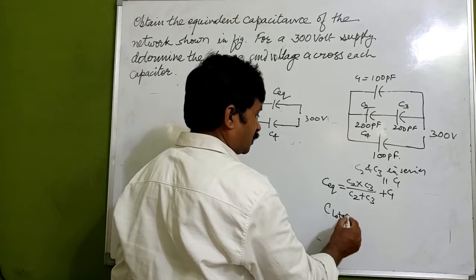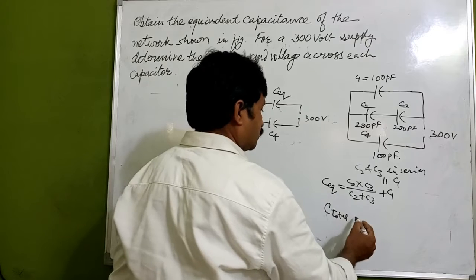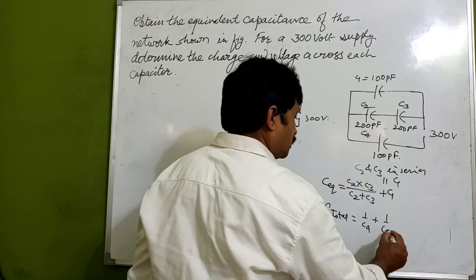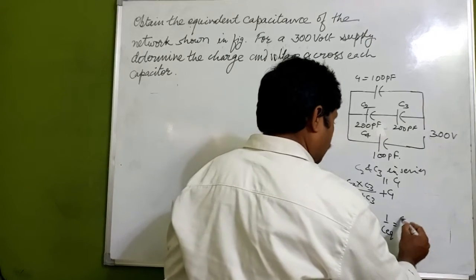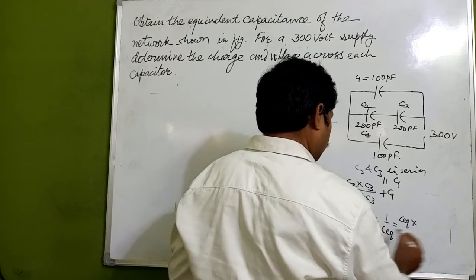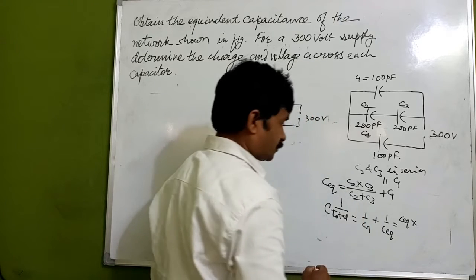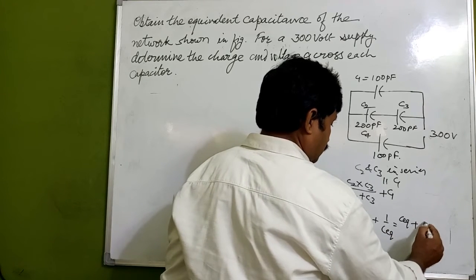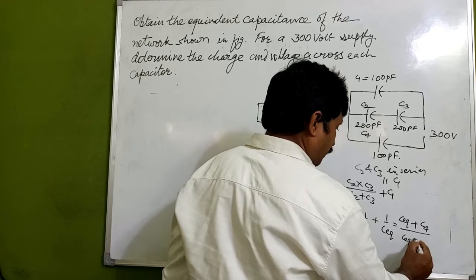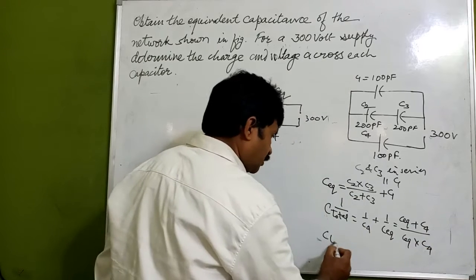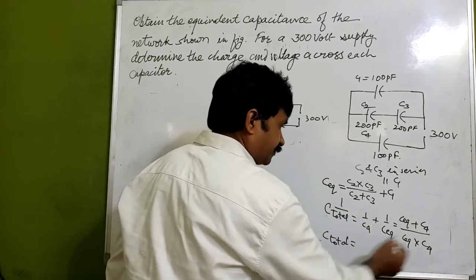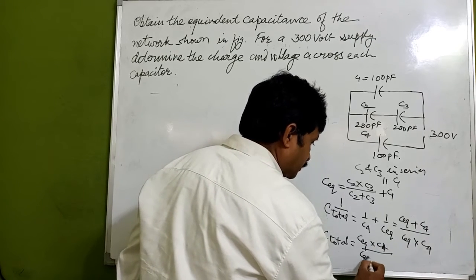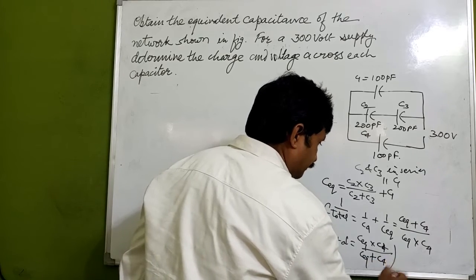That will be C total, which we can call C total, and both are in series, so it is 1 upon C4 plus 1 upon C equivalent. So C total is going to be C equivalent into C4 divided by C equivalent plus C4.